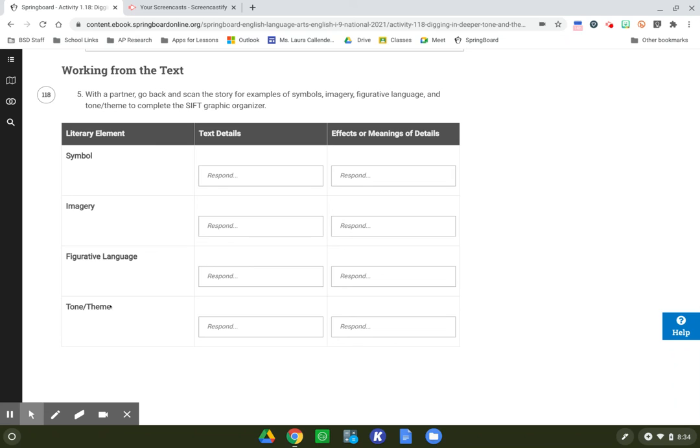Now, tone and theme. So tone is the attitude of the speaker. Remember, it's not how you feel as the reader. It's how the speaker, the person telling the story, the author or the narrator, their attitude about something.